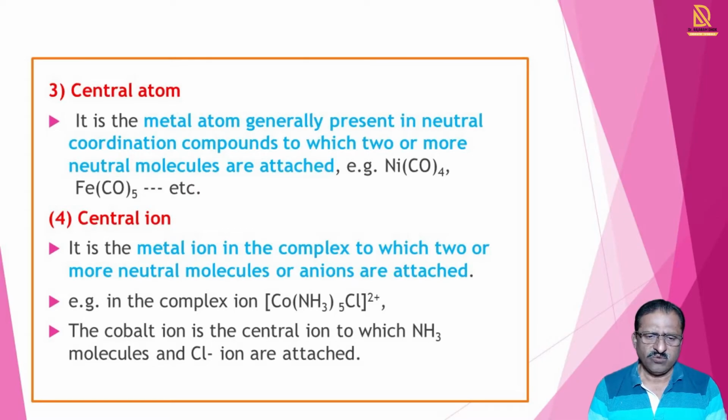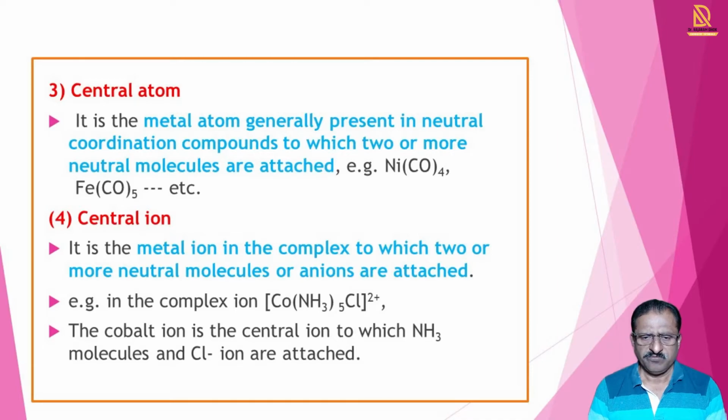Here we take one example, [Co(NH3)5Cl]2+. In this example, the cobalt ion is the central ion to which NH3 molecules and Cl minus ions are attached.